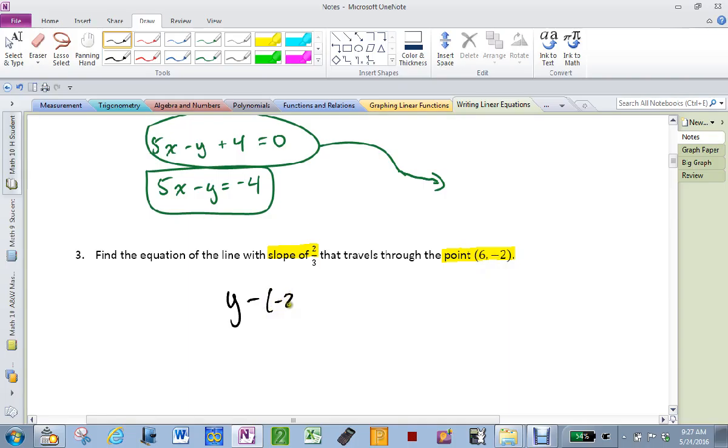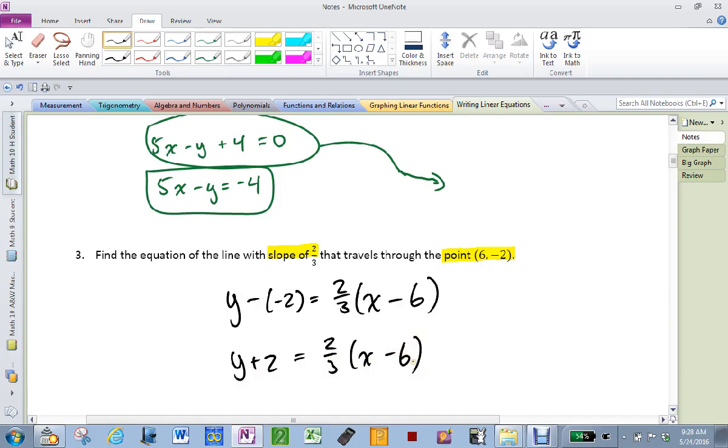Y minus minus 2 equals the slope, 2/3, x minus, what's the x? 6. What's the only thing there I got to change to make it pretty? Do we like this notation? Y plus 2 equals 2/3 x minus 6.